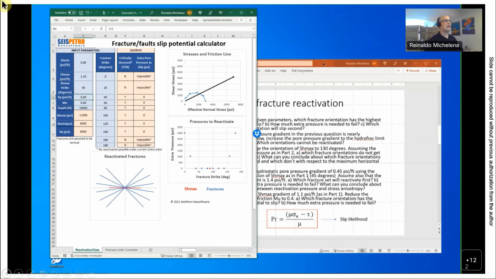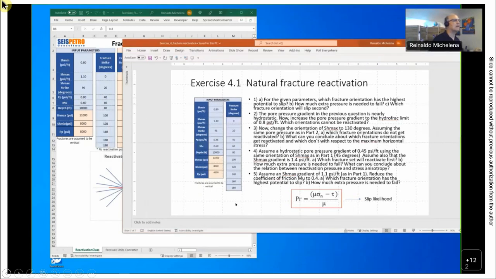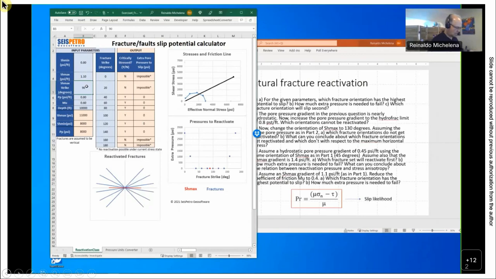Okay, all right. Number one. For the given parameters, which fracture orientation has the highest potential to slip? So we have to introduce these parameters. We have from 0 to 180 for the angles, and then the angle of maximum horizontal stress.